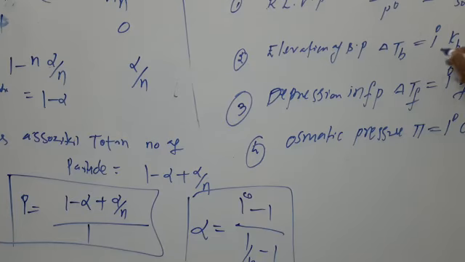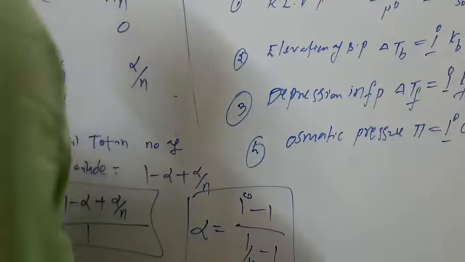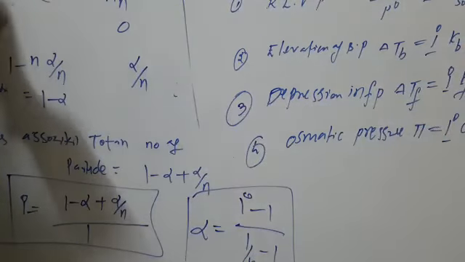In each case, the colligative property is multiplied with the van't Hoff factor i, then you get the correct experimental values. So whenever you solve problems, you must multiply with i. So now this is about solutions.